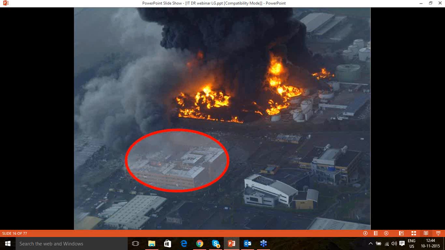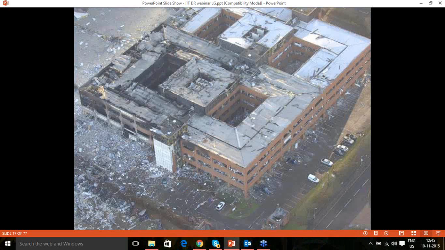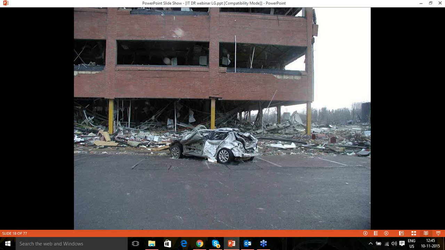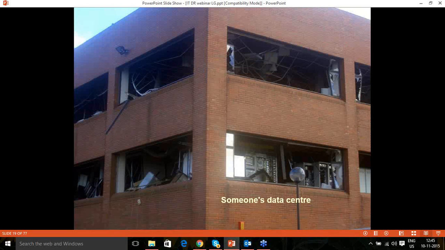This was somebody's data center, and the building melted like this, with the car standing nearby. So you can imagine what would have happened with the systems and all the technology hardware there. So things go wrong. Everything is not in my control. Things go wrong somewhere else, and I get affected.